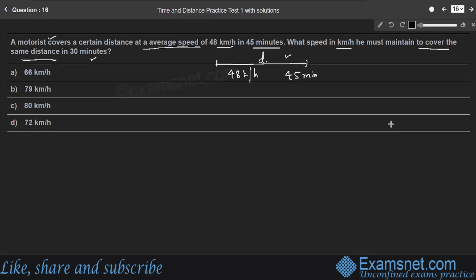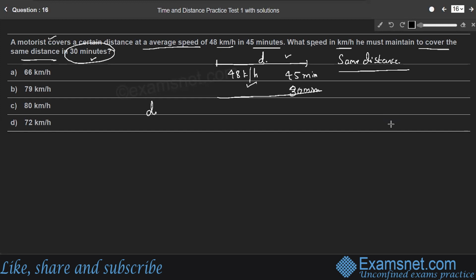In order to cover the same distance, what speed must he maintain so that he can cover it in only 30 minutes, right? So here the time in the second case is 30 minutes. What should be the speed provided the distance covered by him should be the same, right?